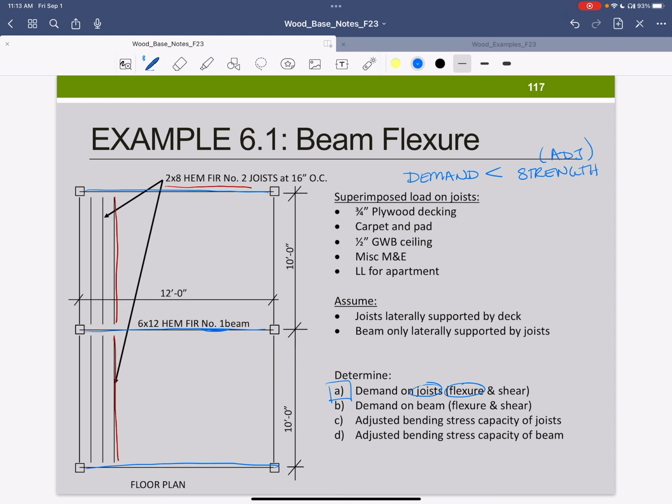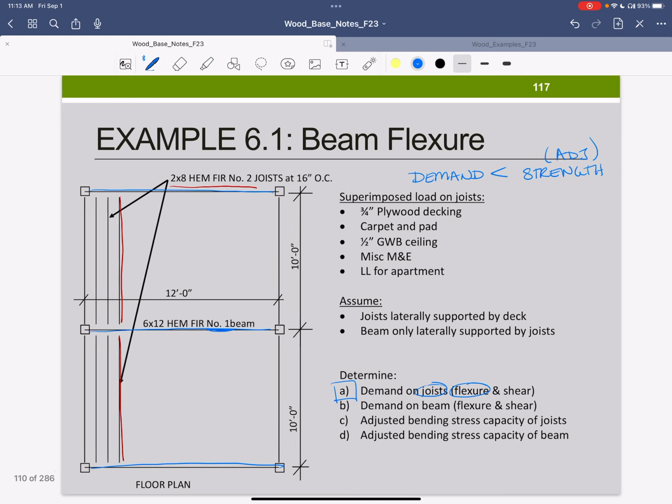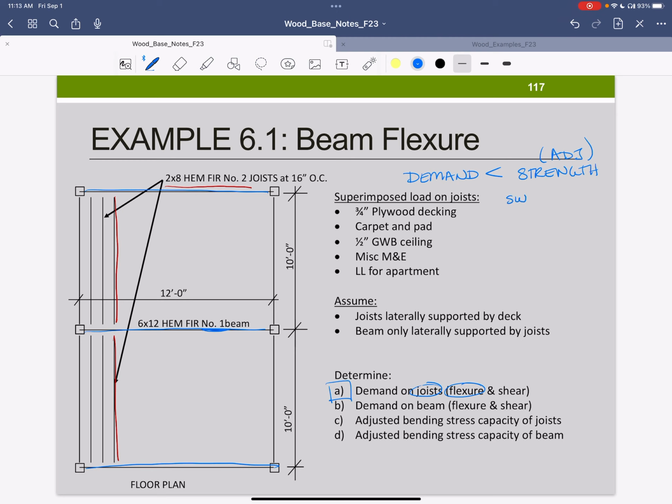Okay, so what do we have here? We are going to have to figure out the demand, that's what loads are going into this, and so what kind of capacity we are going to have to deal with essentially. So we've got dead loads, we've got self-weights, and we've got live load. So we'll have the self-weight or dead load of the beam or joist itself, in this case the joist.